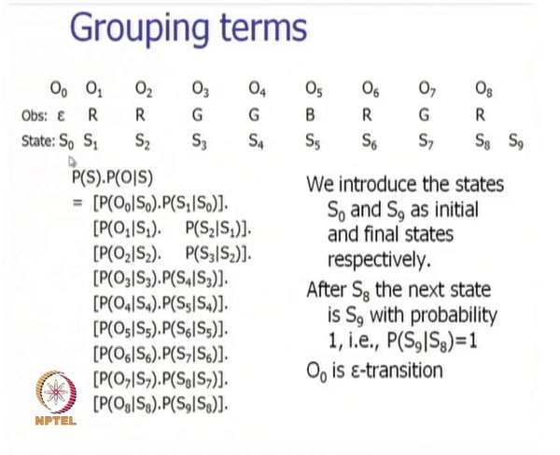So, the meaning of this is that initially there is no red, green or blue ball produced. We go straight from initial state S0 to one of the urns, as is expressed by the fact that each state can take a value u1, u2 or u3. So, now probability of O0 given S0, probability of epsilon transition given S0, that is always 1.